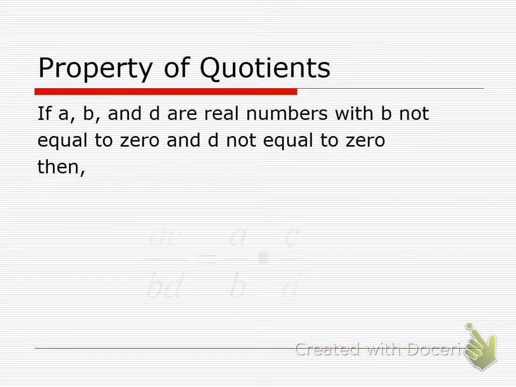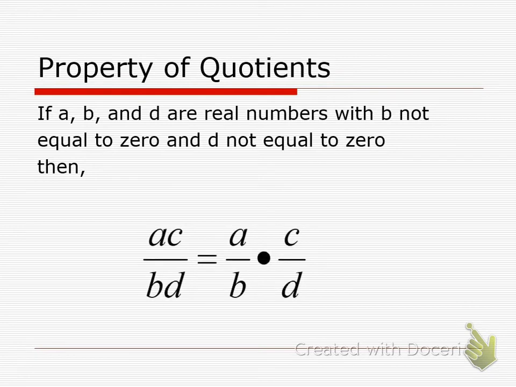All right, some of these properties you will probably already be somewhat familiar with. If A, B, C, and D are real numbers with B not equal to 0 and D not equal to 0, then AC over BD is equal to A over B times C over D. This is probably just listed backwards from what you normally would have seen.